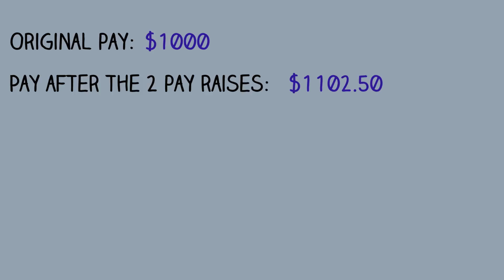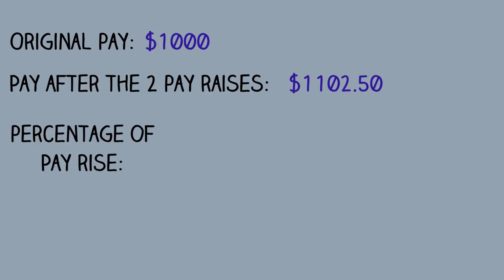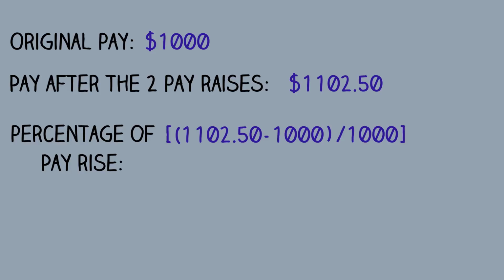We can use this information to calculate how many percent Peter's pay rose from his original pay of $1,000. That would be the difference between his new pay of $1,102.50 and his original pay of $1,000, divided by his original pay of $1,000, multiplied by 100%, giving 10.25%.